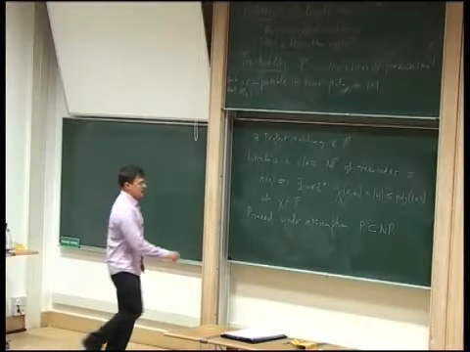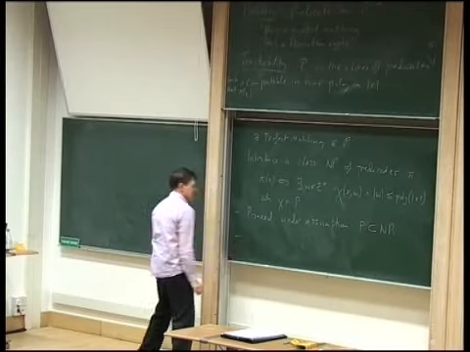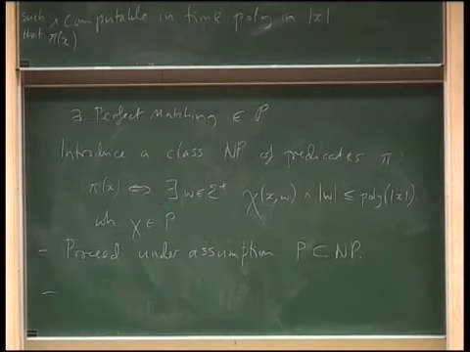The last element is polynomial time reducibility.